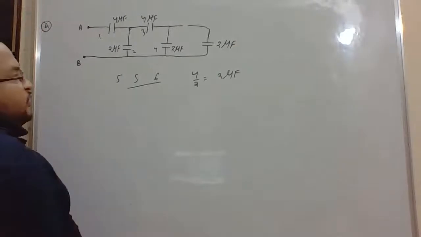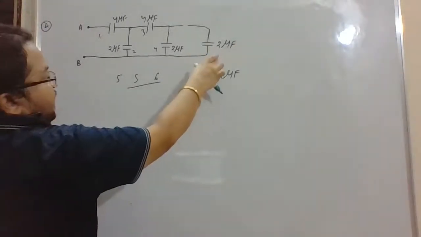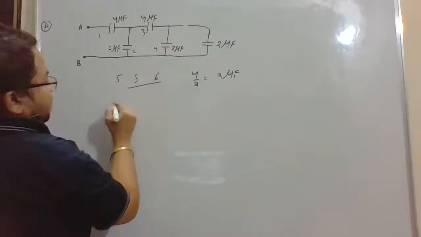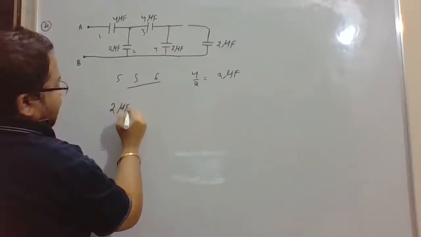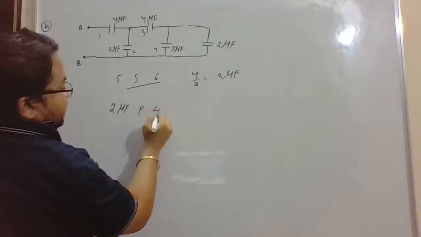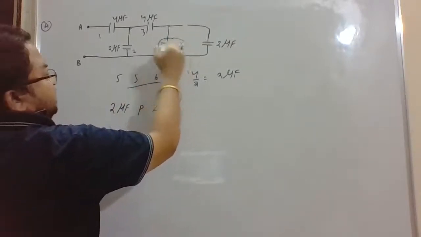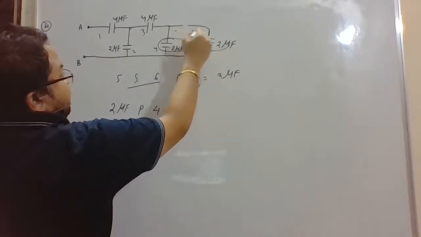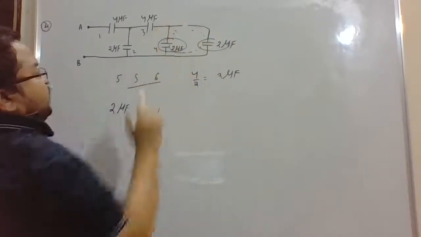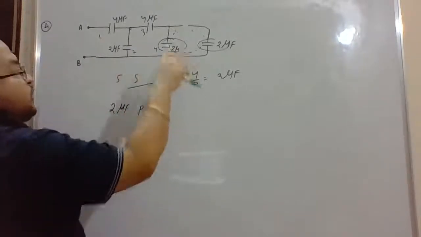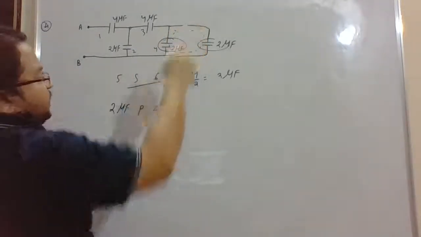Now this 2 microfarad capacitor is in parallel with capacitor number 4. Why? Simple reason: just take these two, and you can easily complete one loop. Taking two capacitors, if you can complete a loop, then we say that they are parallel to each other.